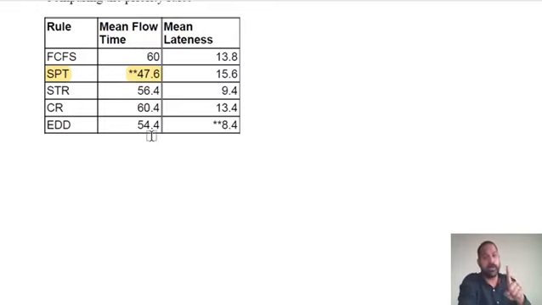So when you sequence according to the shortest processing time, you get the least mean flow time. At the same time, when you look at lateness, when you sequence according to EDD, you get the least lateness, and that is 8.4.